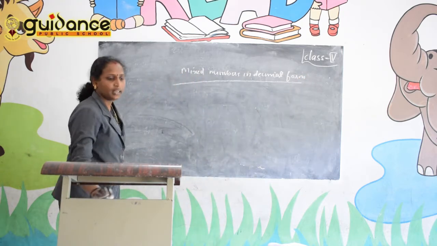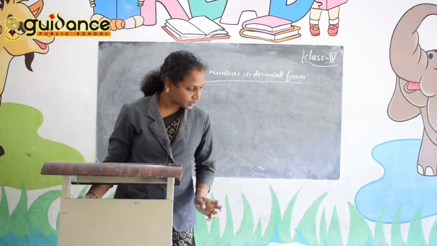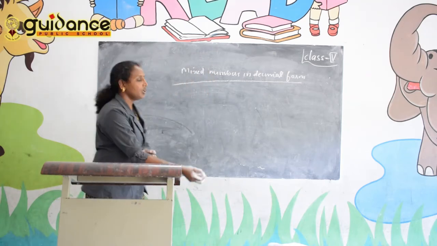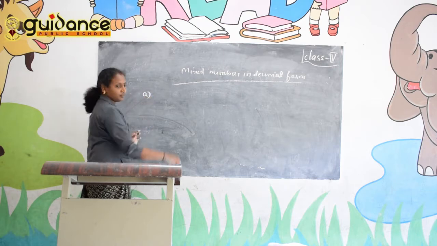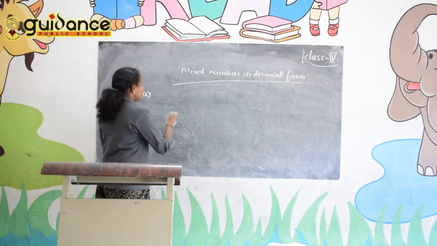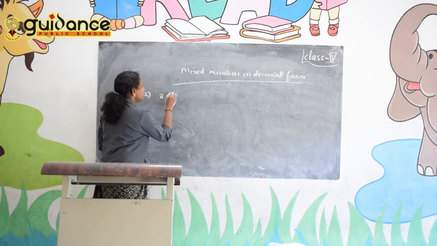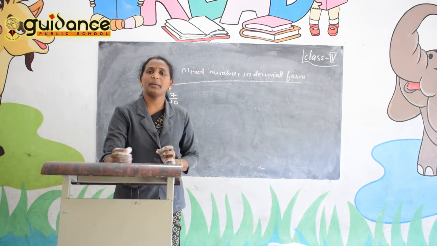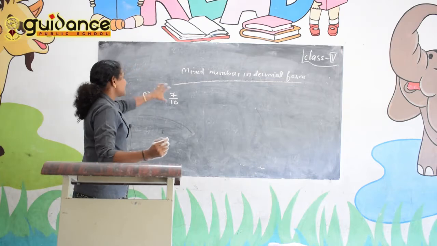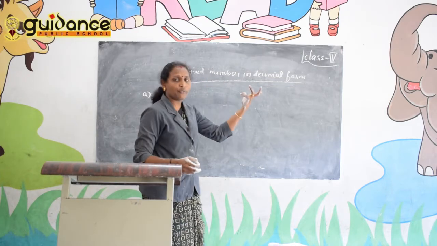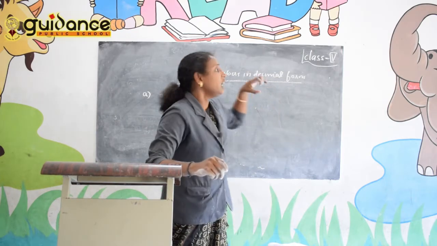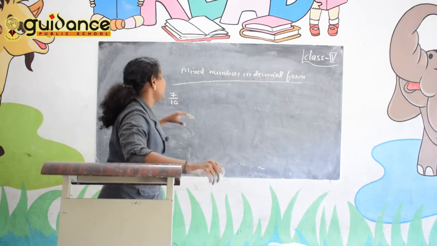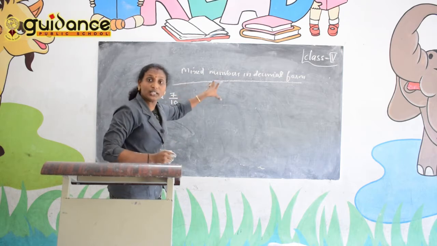Look at the first question: 2 and 7 by 10. This is a mixed number, and we will convert it into a decimal number. So how do we convert a mixed number into a decimal number?